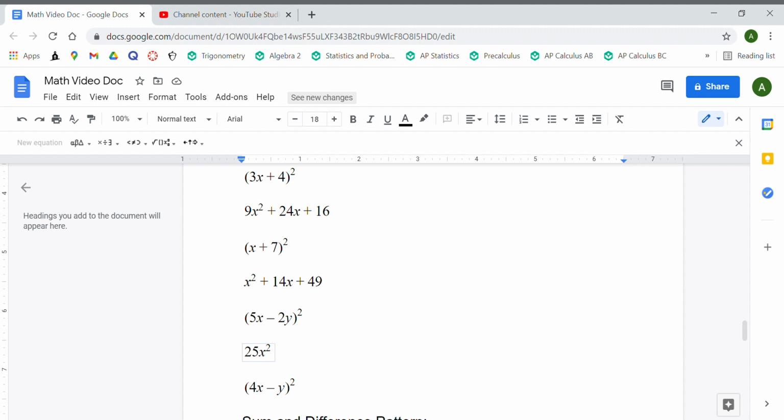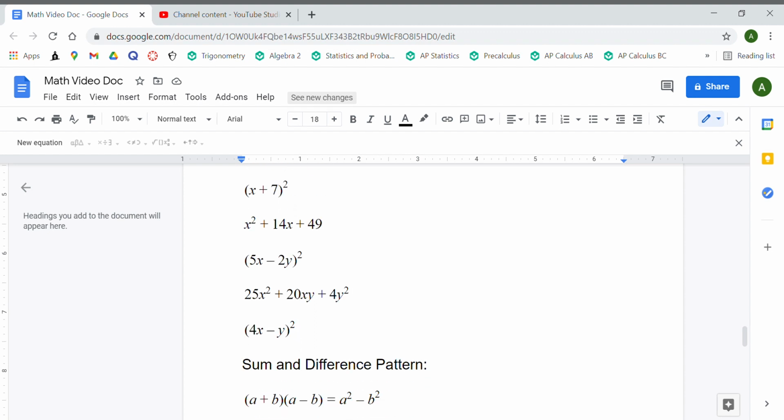It's going to be negative 10xy. Twice that is negative 20xy, and we need to take the opposite of that. It's going to be positive 20xy. And then the square of negative 2y is positive 4y squared. That's pretty easy.